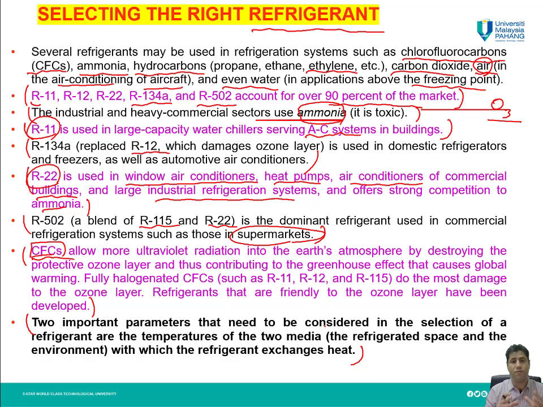If we are going to use a refrigerant in a small refrigerator, then we can easily select the refrigerant which is appropriate for small spaces. Or if we are going to use a refrigerant in an air conditioning system to cool down a house space, then we need to select another refrigerant. The space which you are going to refrigerate, and also the temperature difference which you are going to reach, are the two most important parameters to select the appropriate refrigerant.